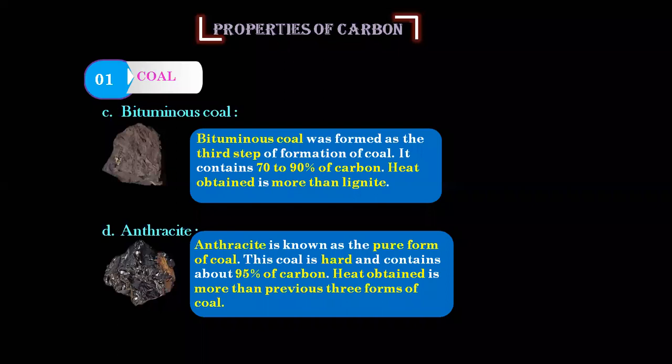So we've understood the formation of coal in four steps: peat, lignite, bituminous coal, and anthracite. Peat contains around 60% of carbon, lignite contains 60 to 70%, bituminous coal contains 70 to 90%, and anthracite contains more than 95%.